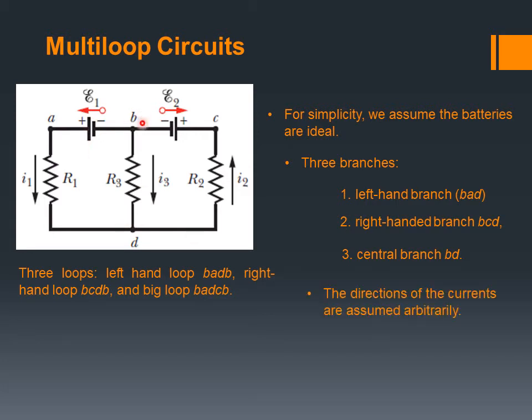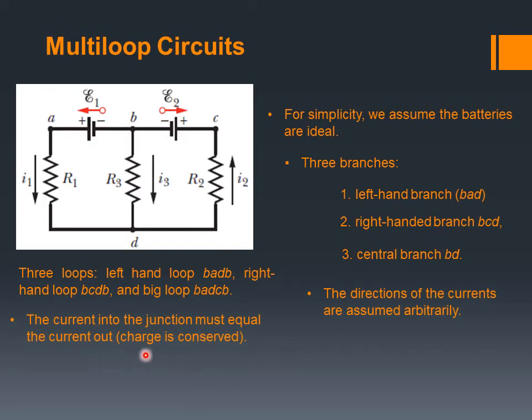The directions of the current are assumed arbitrarily. We have just shown that I1 has this direction, I3 has this direction, I2 is this direction, but we don't know the actual direction of the current, and these have been shown just arbitrarily. Now the current into the junction must equal the current out.